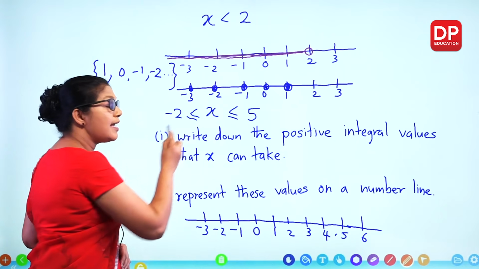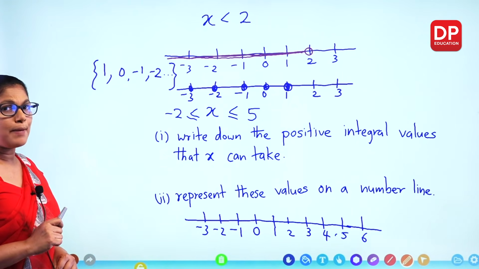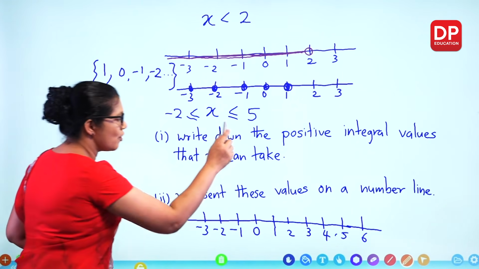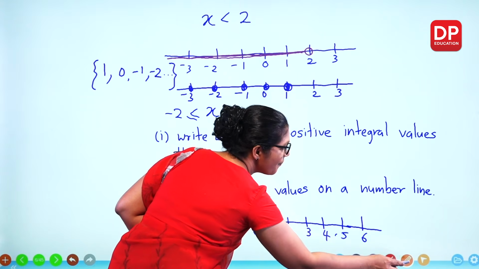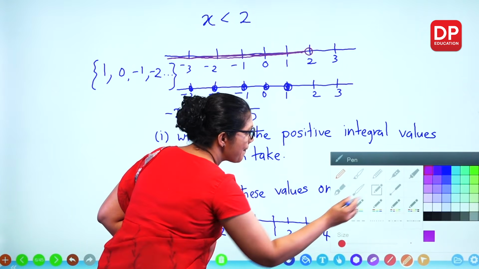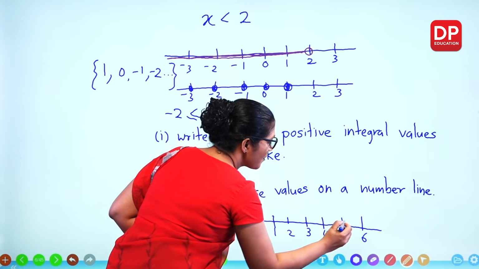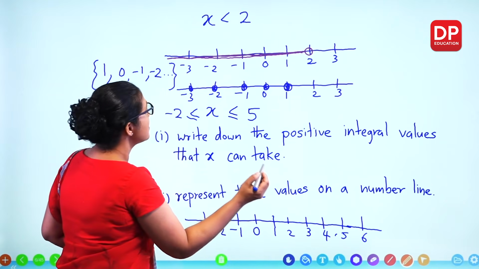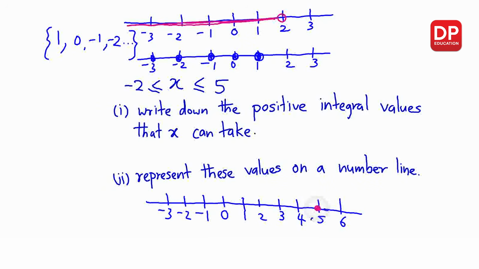Here we can see the equal sign. So equal sign means included. So we can draw 5 with a solid circle. What about -2? -2 is also included. So we can draw it with a solid circle.